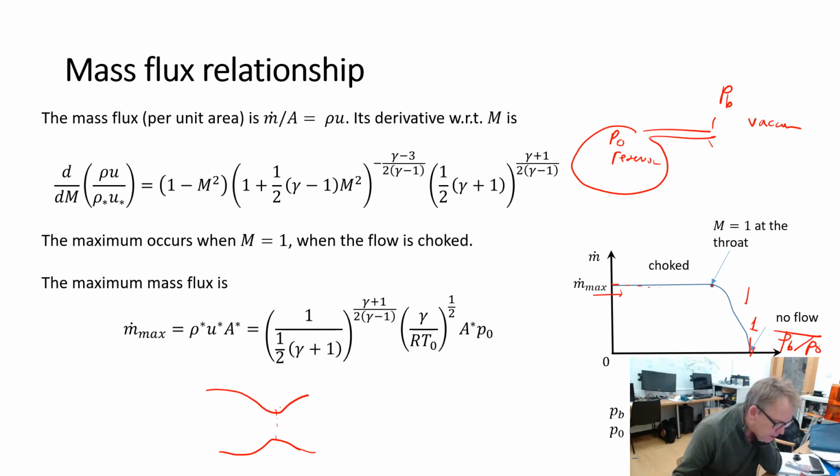Now, as the back pressure decreases, so we're moving to the right here, there's no change in the mass flux until we reach a point at which the sonic flow condition at the throat is lost. We're going to see in the next slide that the flow will start off as supersonic at the exit, then it will become sonic, then you'll end up with a normal shock.